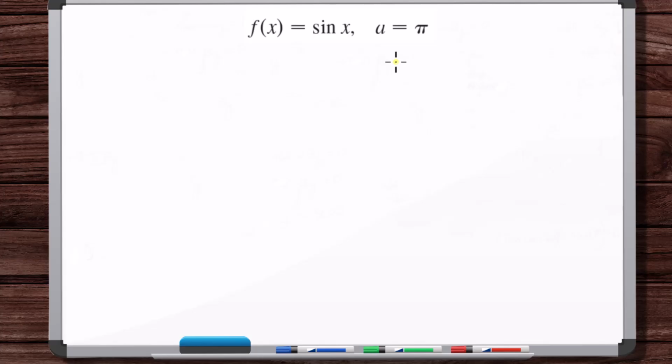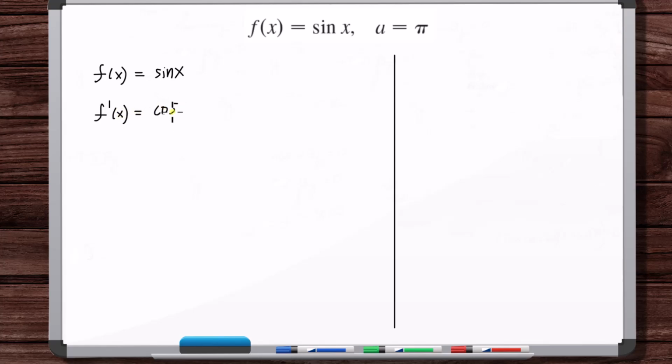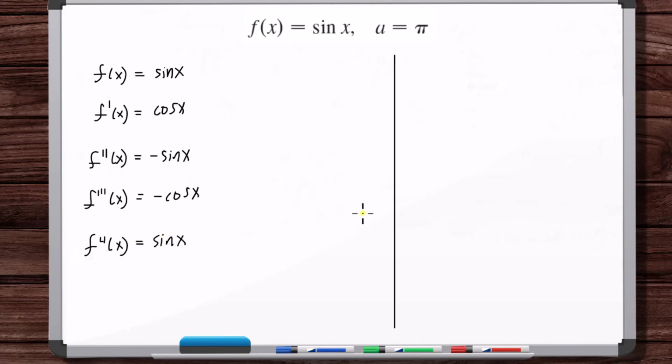Okay, let's do sine x centered at pi. Sine x, cosine x, and so on.